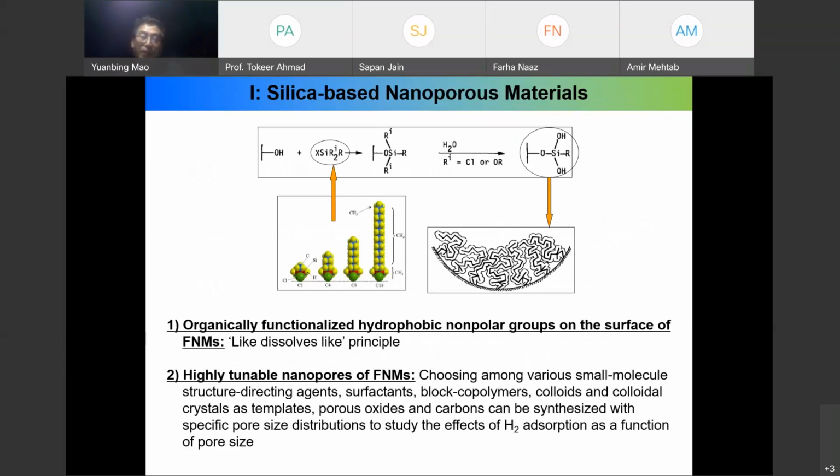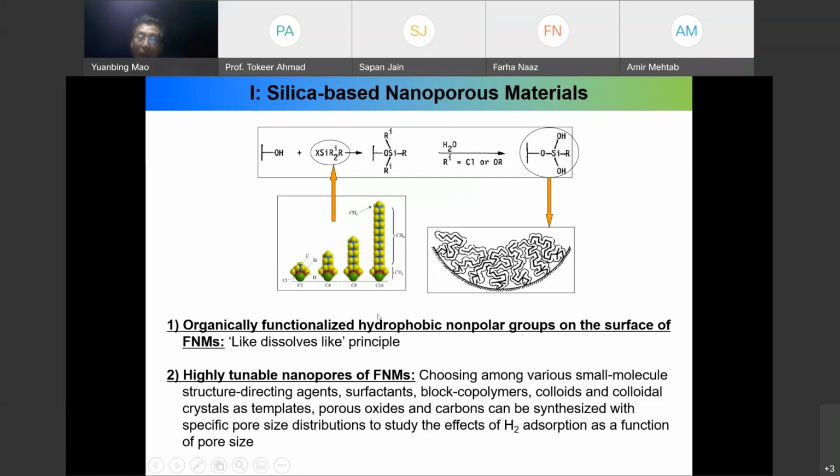So what we did, for example, just imagine this is a porous silica material. In general, you have hydroxyl groups, and if we can use some silanes to functionalize the surface of this porous silicon, we thought it could enhance the hydrogen adsorption capability.